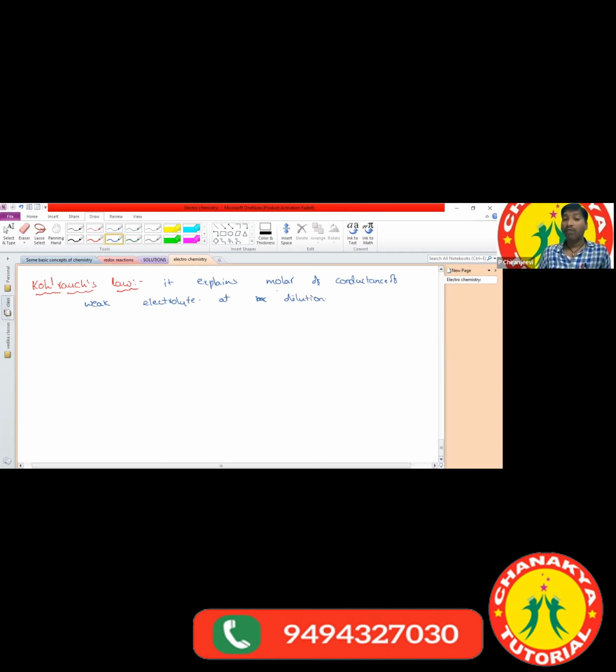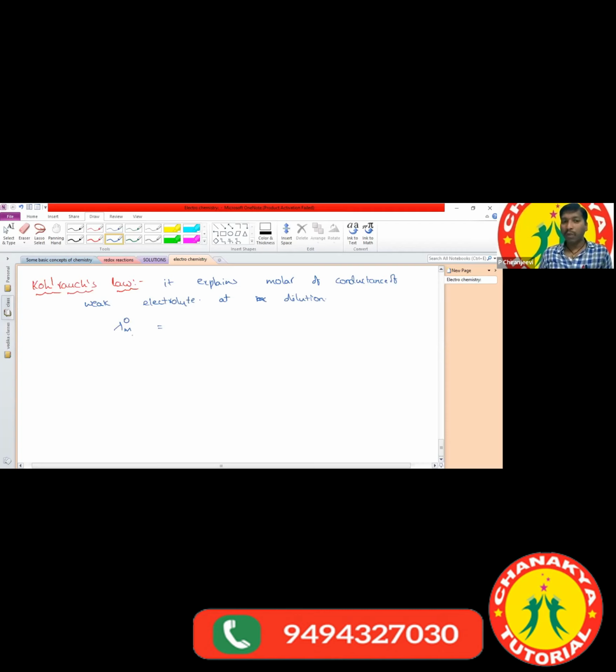According to Kohlrausch law, at a given temperature, the molar conductance of any electrolyte at infinite dilution is equal to the sum of the contributions of the individual ions present in the solution.